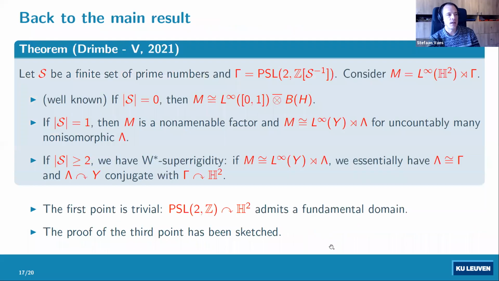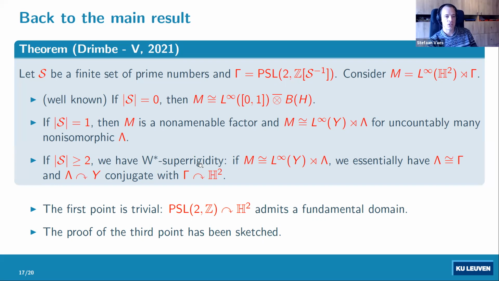So that means that now in the main result, so here is again the theorem that I showed you on the first slide. So if you add finitely many primes to Z and you take PSL2 acting on the hyperbolic plane, if I add no primes, there is a fundamental domain. That's a triviality. If I add at least 2 primes, I have sketched 2 things.